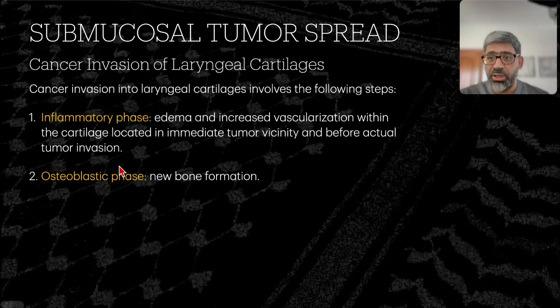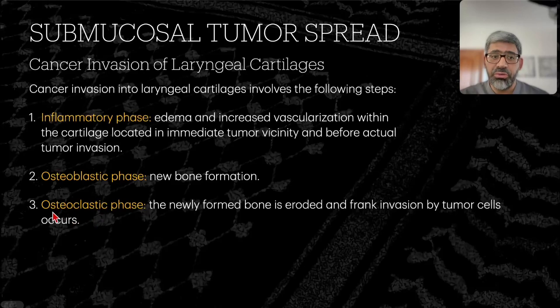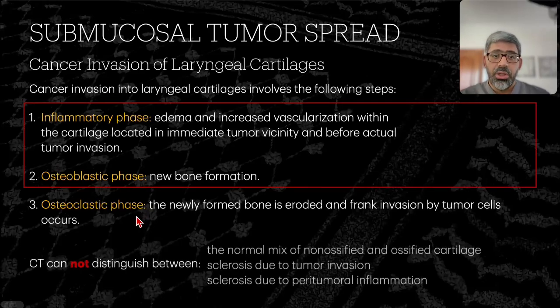This stage can be mistaken for normal ossification of the cartilage. And then in the third phase, there's the osteoclastic phase where the tumor actually causes frank invasion into the cartilage. CT cannot distinguish the first two stages from normal variation in the cartilage, and that's where MR is superior.